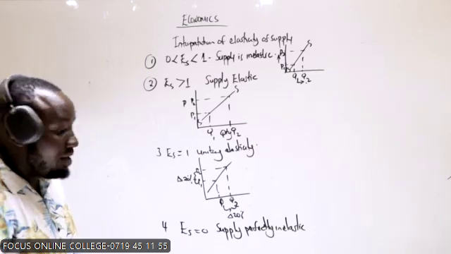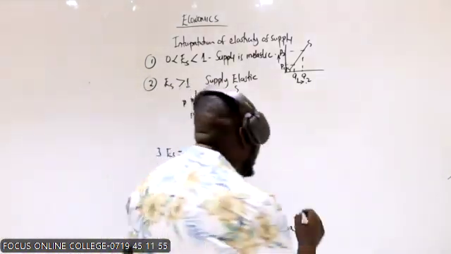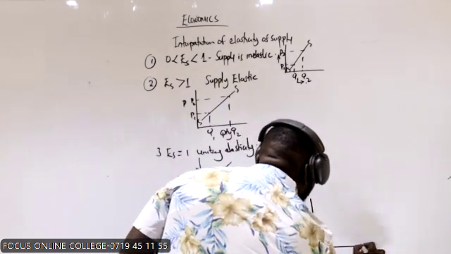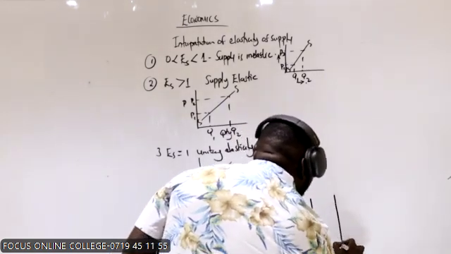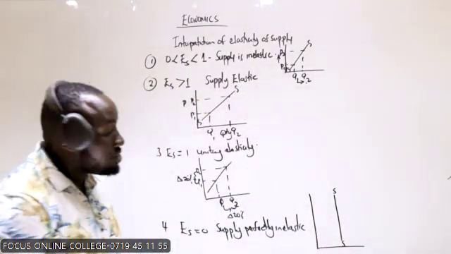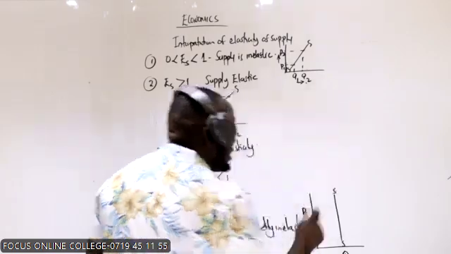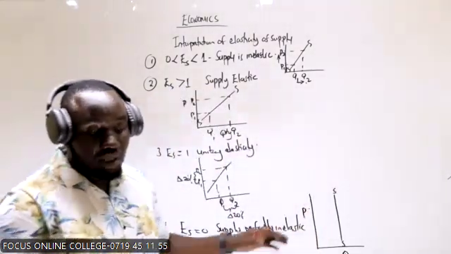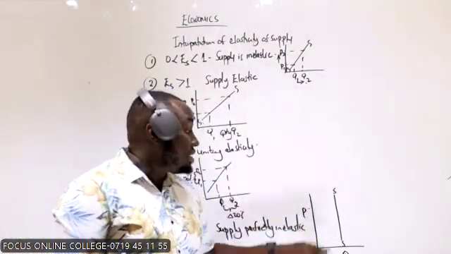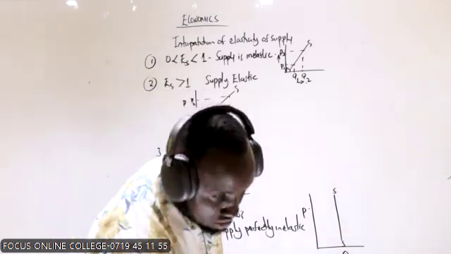That is what we call perfectly inelastic. So then we have it here. This is the supply, this is quantity, this is price. In this case, price changes, but the quantity supplied does not change.